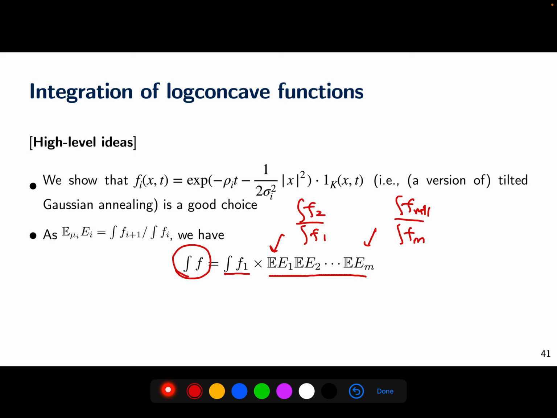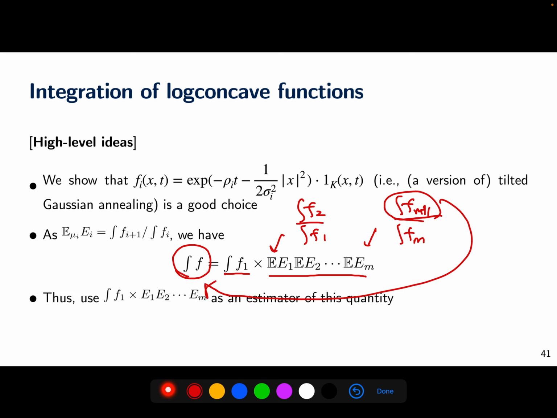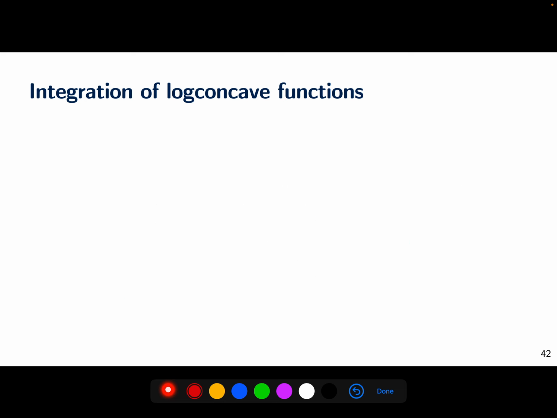So we'll have nice cancellation, and then we finally reach the desired quantity, which will match the integral of f. So it is very convincing to use this quantity as our estimator of this quantity, right?